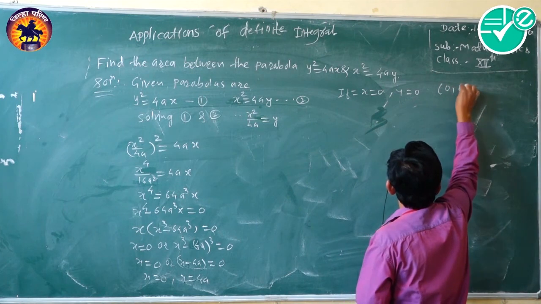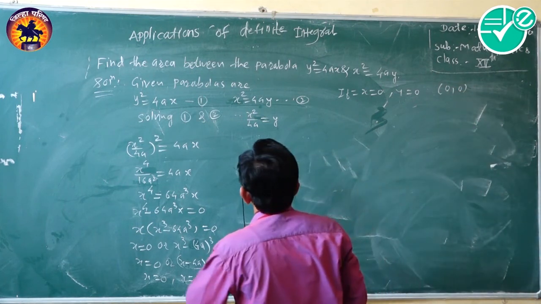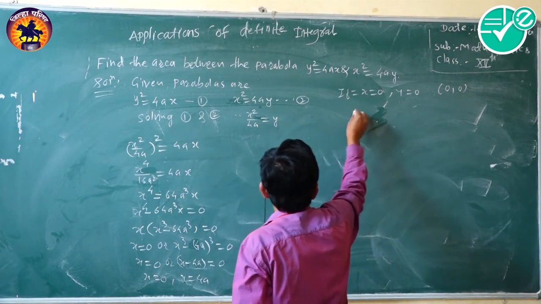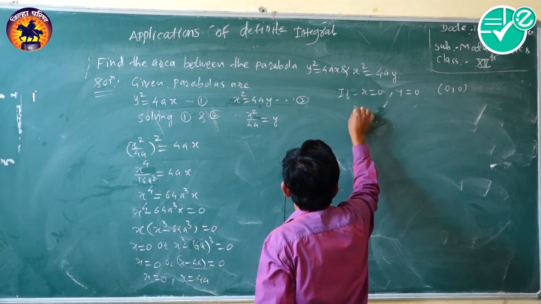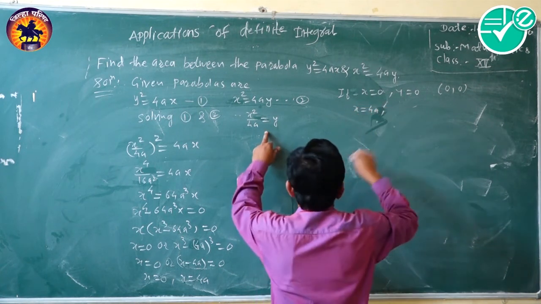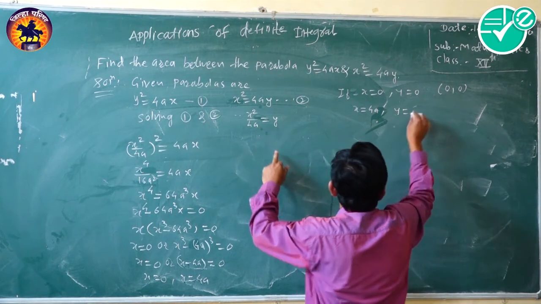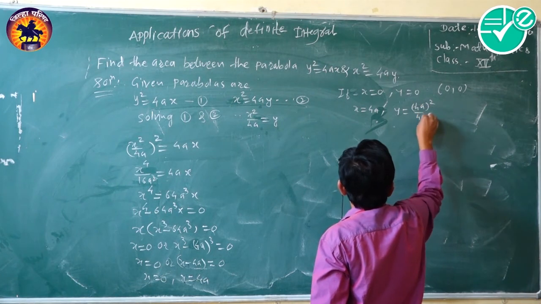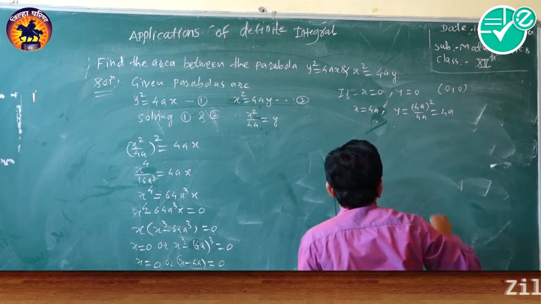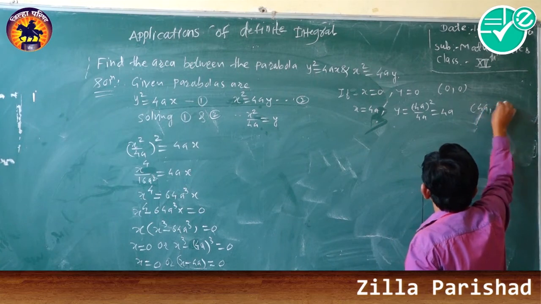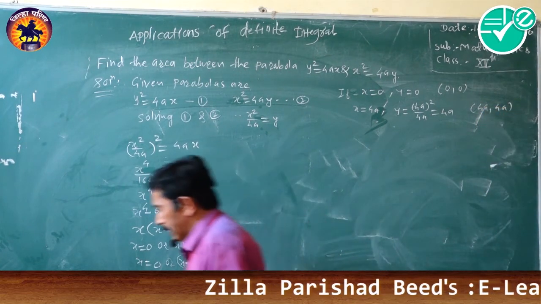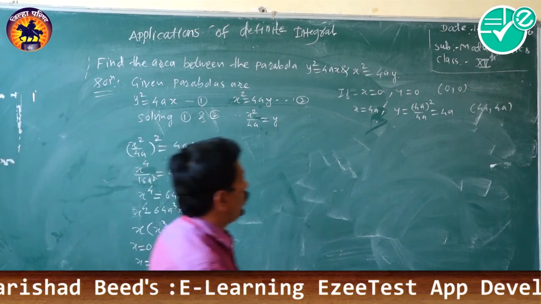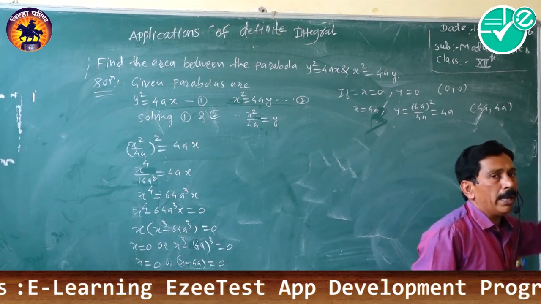Therefore 0, 0, and if x is equals to 4a, then y becomes 4a square by 4a is equals to 4a, and that is nothing but 4a comma 4a. That is, these curves intersect each other in 2 points, that is 0, 0 and 4a, 4a.